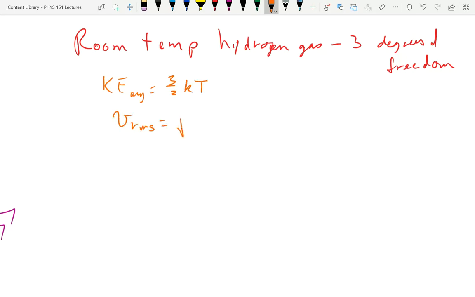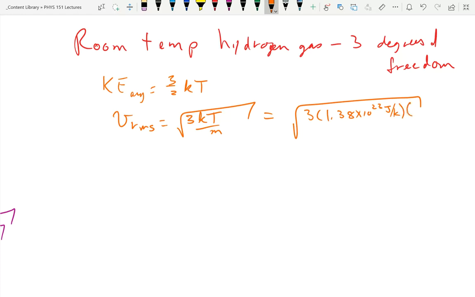VRMS is equal to the square root of 3kT over m. k, Boltzmann's constant, is 1.38 times 10 to the minus 23 joules per Kelvin. Temperature: if it's room temperature, what is room temperature?